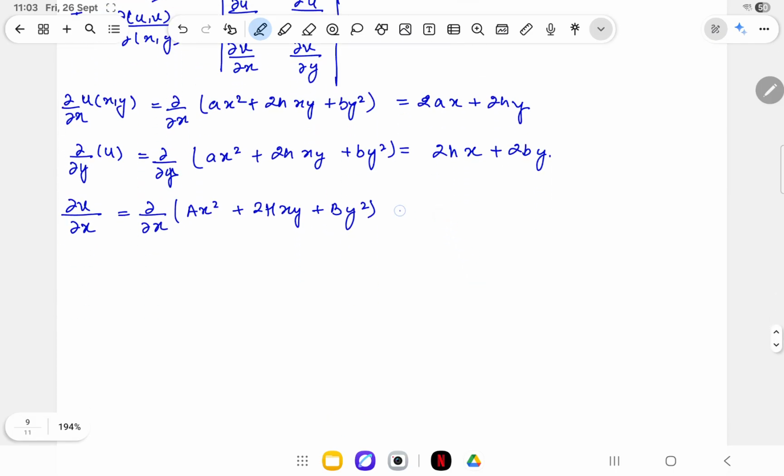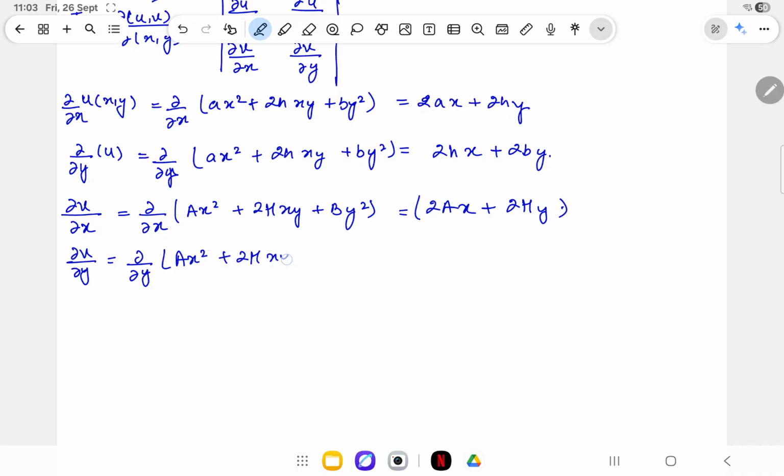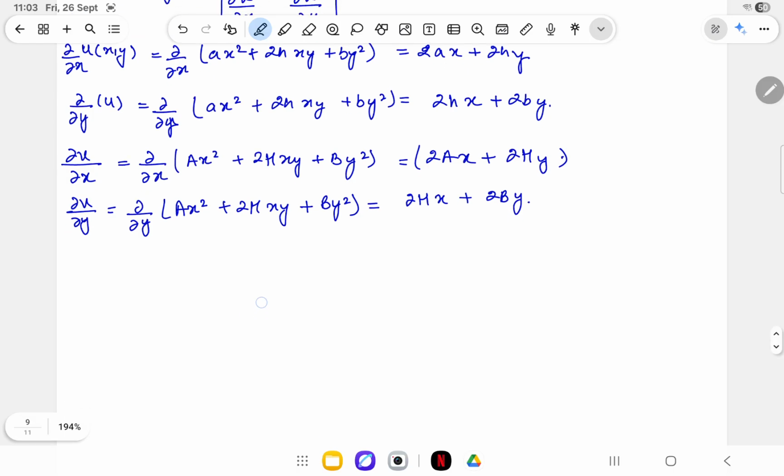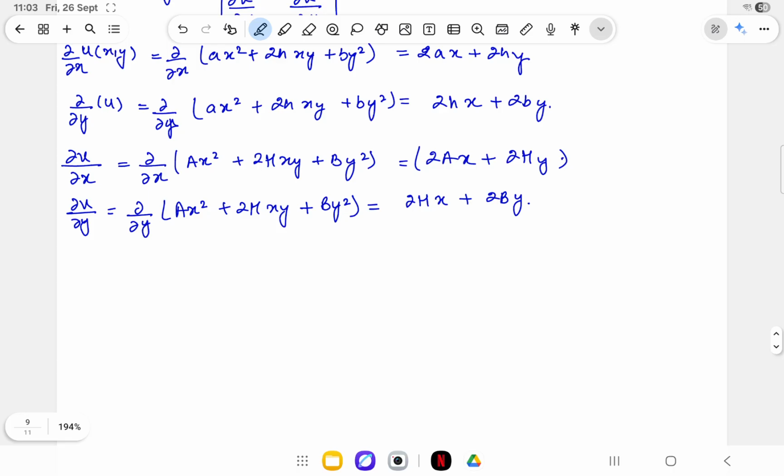So if you solve it, you'll get 2 capital A x plus 2 capital H y, and del v by del y will be del by del y of capital A x square plus 2 capital H xy plus capital B y square, and it will be equal to 2 capital H x plus 2 capital B y. So now let's just take the determinant of the Jacobian to see what we get.